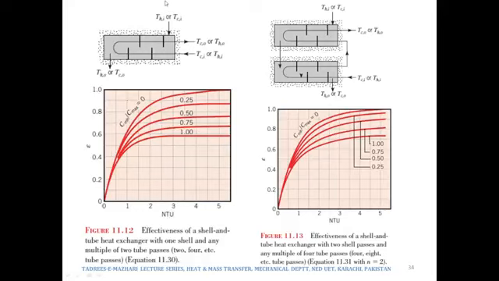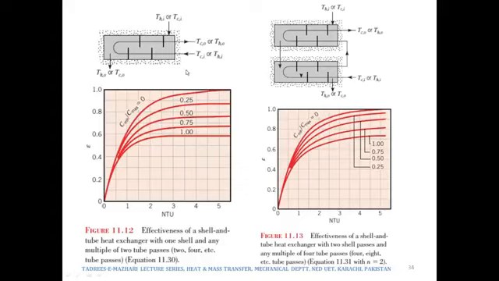So over here we have got this Thi or Tci or Tho or Tco, because it may be the hot fluid which is on the shell side, or it may be the cold fluid which is on the shell side. Similarly, either the hot or the cold fluid can flow through the tubes.